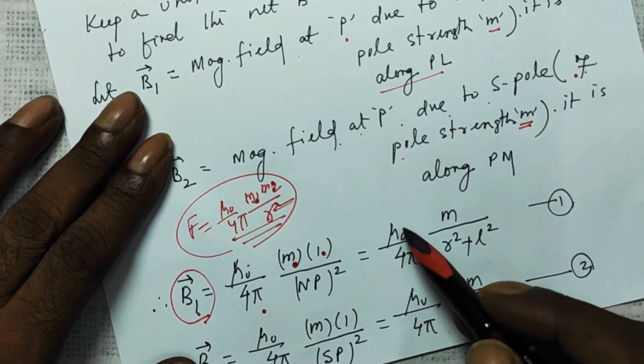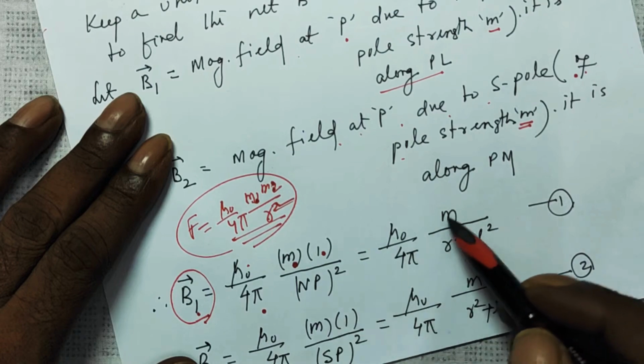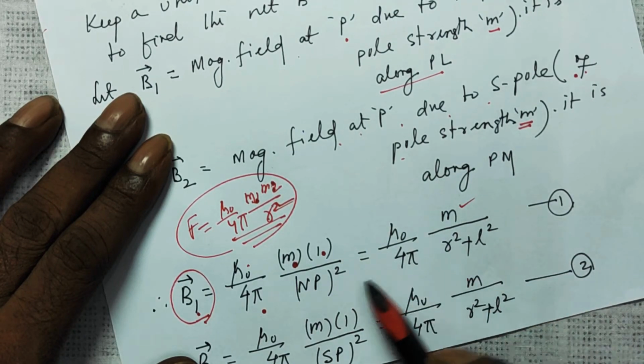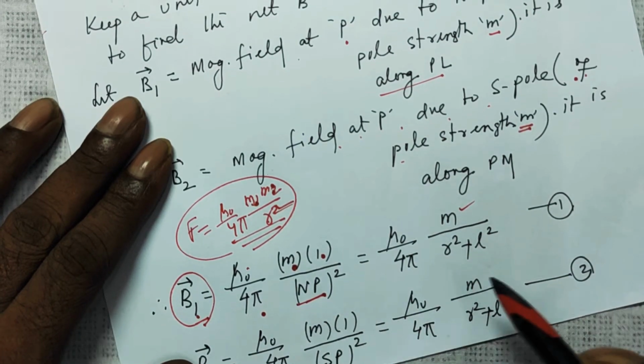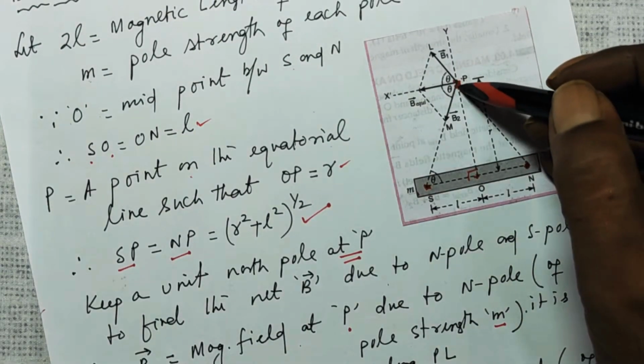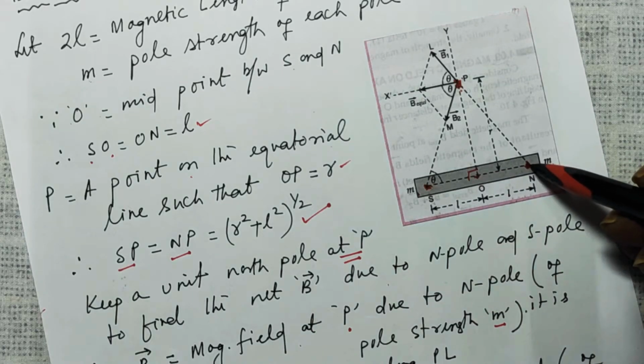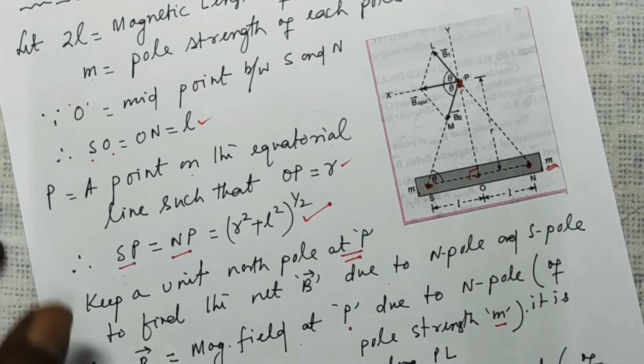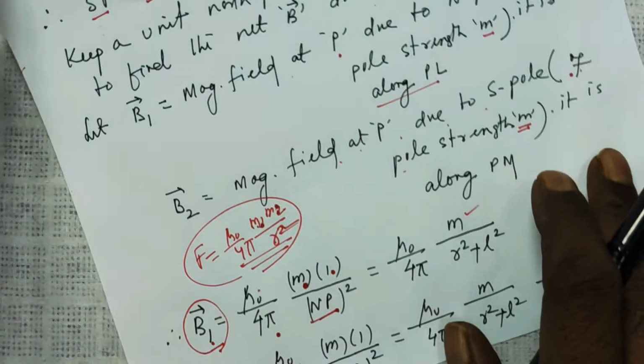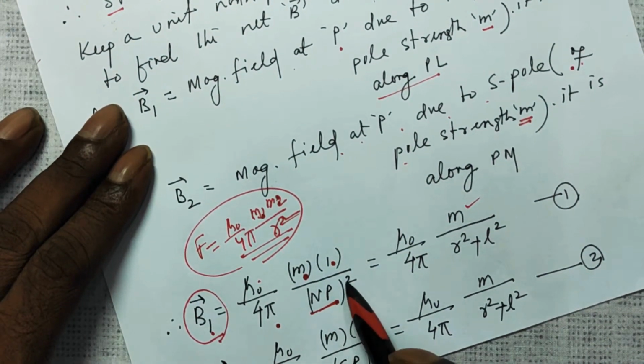So that is equal to mu naught over 4 pi, m into 1, divided by NP square. And NP, I just explained, is the same as SP, equal to the square root of R square plus L square. And here we have NP square.